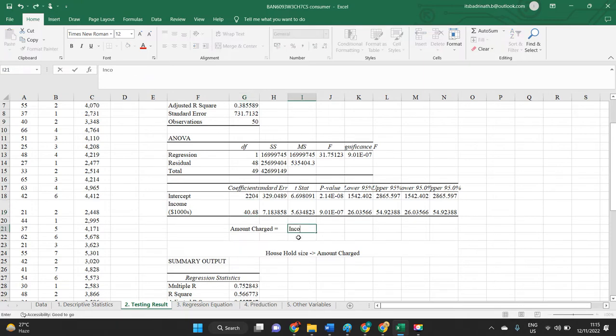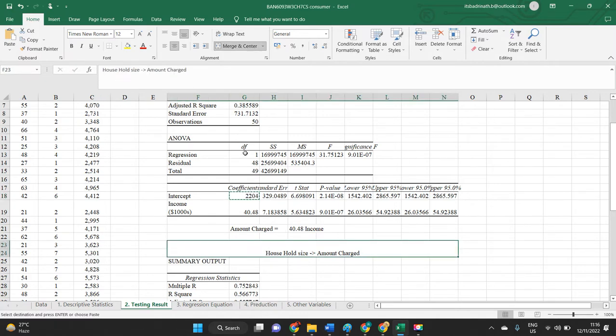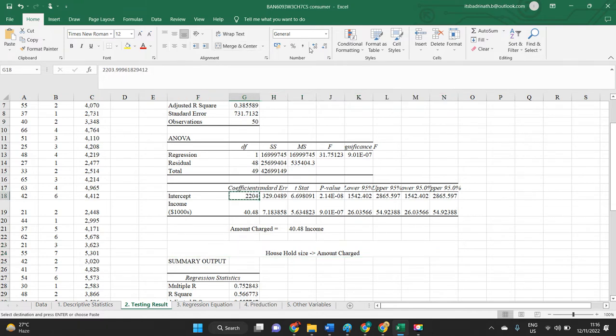So this will be income into 40.48, or simply, as it is algebra, we can write it like that, with income, and the intercept is 2204. It has decimals too.